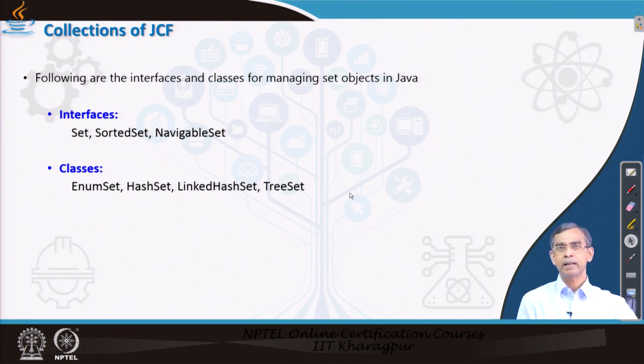So far as the interfaces in the set collection are concerned, there are three different interfaces, namely set, sorted set and navigable set. There are a few classes which implement these interfaces, namely enum set, hash set, linked hash set and tree set.